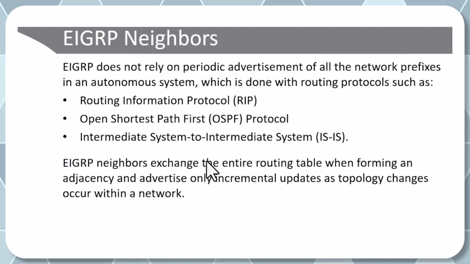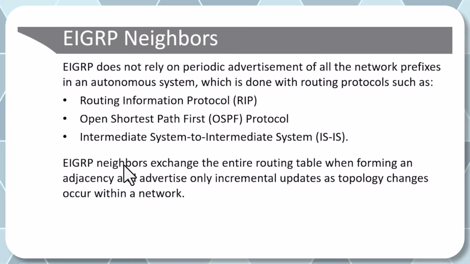EIGRP neighbors. EIGRP does not rely on periodic advertisement of all network prefixes in an autonomous system, which is done with routing protocols such as RIP, OSPF, and IS-IS. So it will not continuously send advertisements periodically between neighbors like RIP, OSPF, or IS-IS.